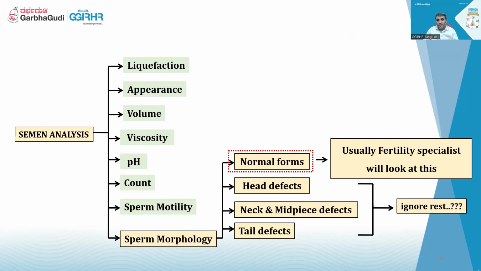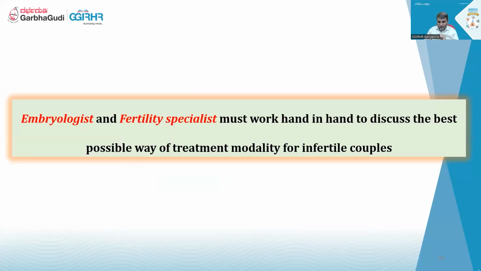Whereas the other head defects, neck mid-piece defects, and tail defects are important for the embryologist while doing procedures like ICSI or IMSI. So these are very important factors for the embryologist. The embryologist and the fertility specialist must work hand in hand to discuss the best possible treatment modality for infertile couples.